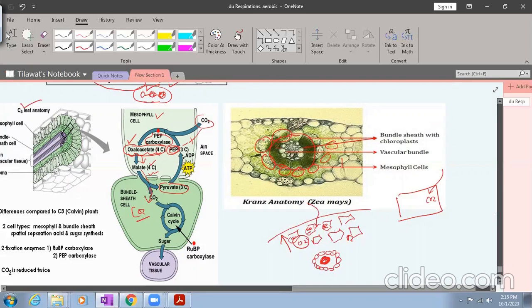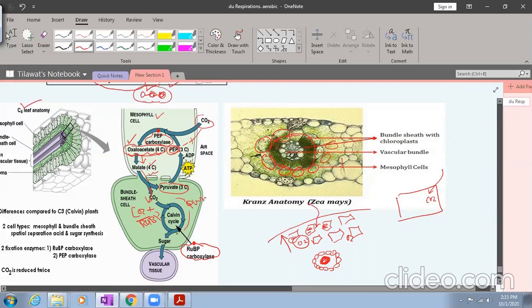Am I clear? So when it releases carbon dioxide, inside this bundle sheath there is RuBP carboxylase, ribulose bisphosphate carboxylase, waiting. That RuBP carboxylase enzyme will combine this carbon dioxide with the RuBP molecule, and again phosphoglycerate will form.